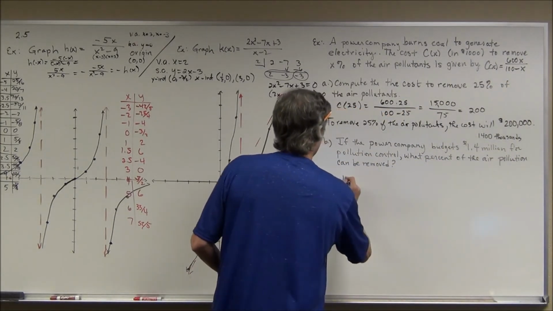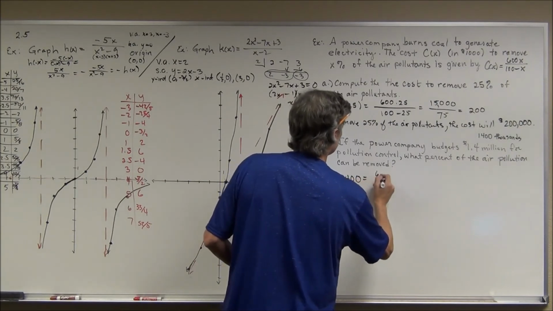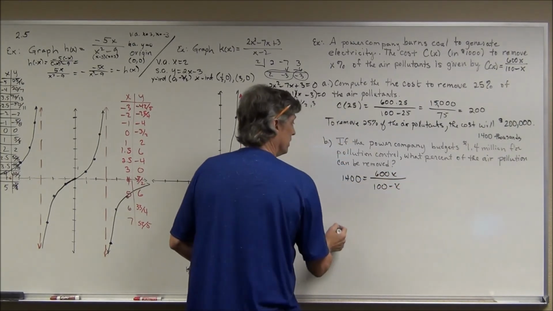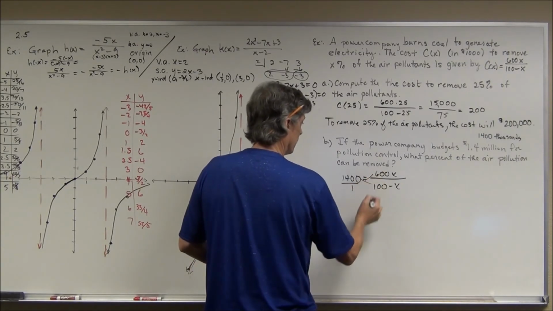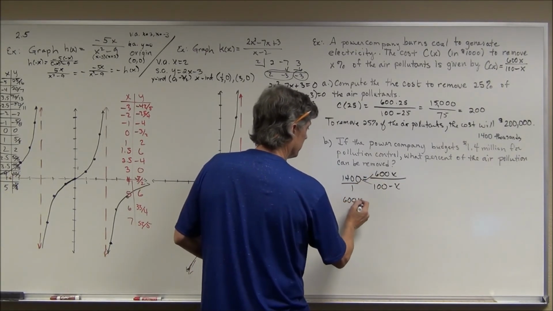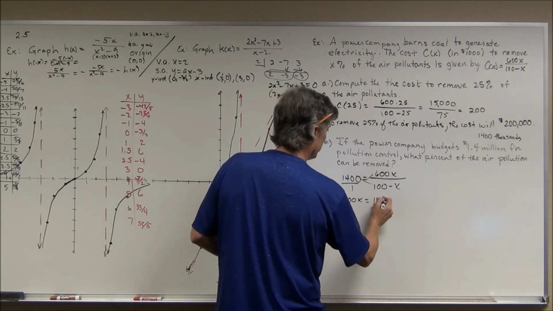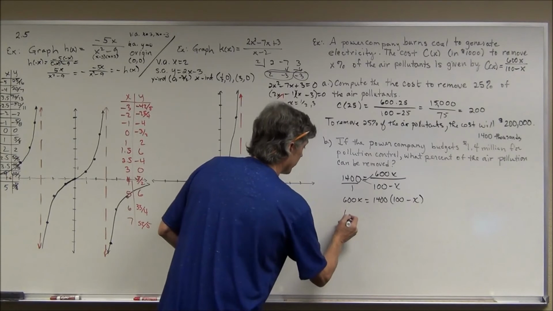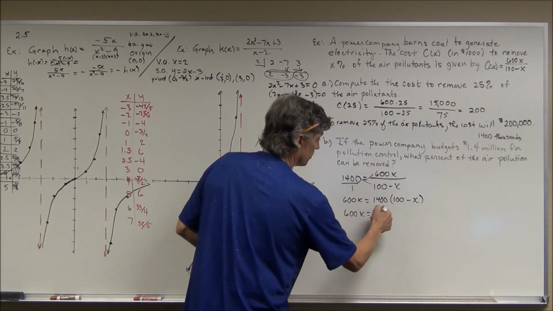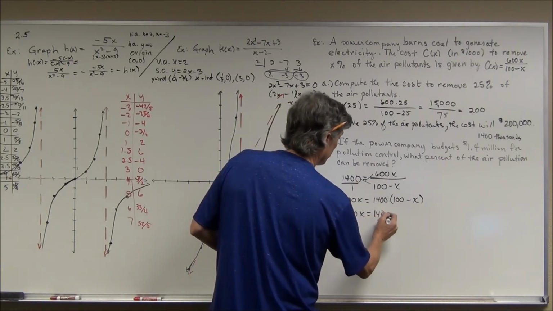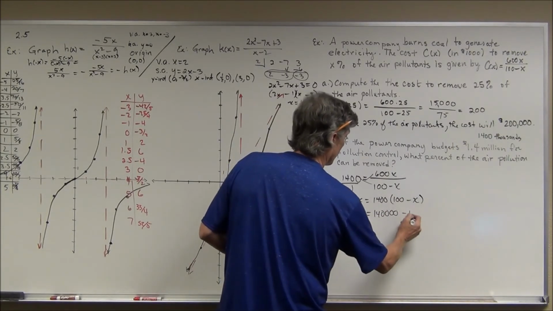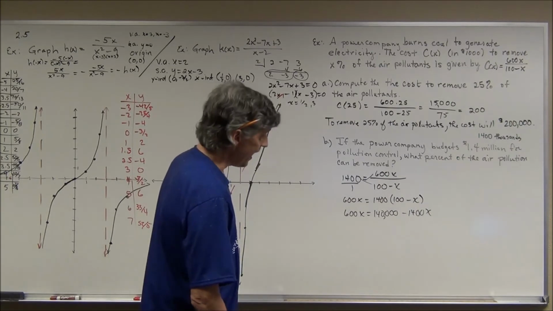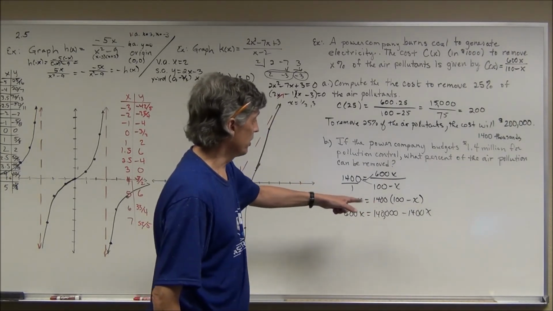And I have 1,400 is equal to 600X all over 100 minus X. If you'd like, put it over 1 and cross multiply. I get 600X is equal to 1,400 times the quantity 100 minus X. I get 600X is equal to 140,000 minus 1,400X. I'm going to add 1,400X to both sides.